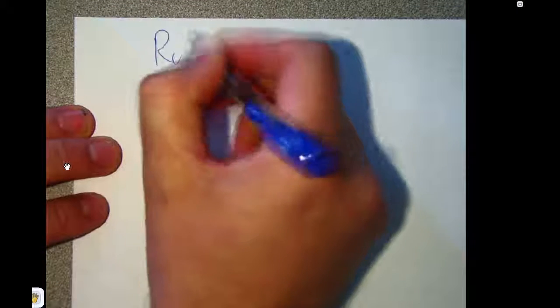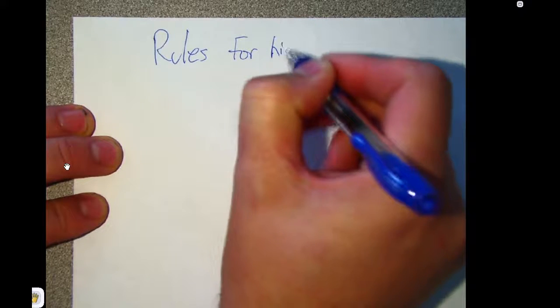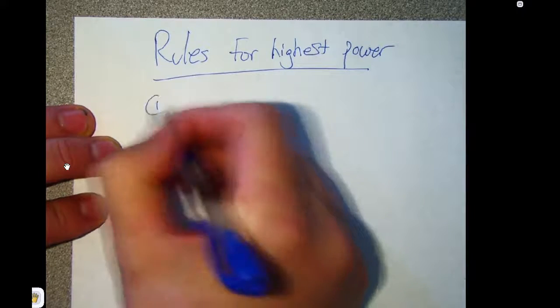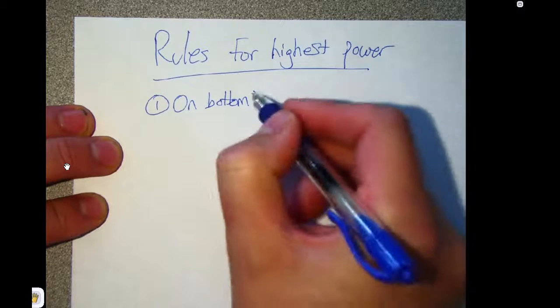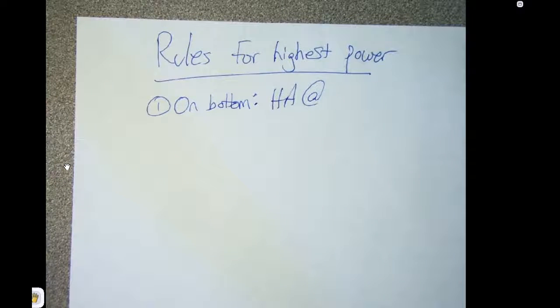So there's your 3 examples, that's your 3 different possible scenarios. So the rules for the highest power: if the highest power is on the bottom, where's your horizontal asymptote? 0 is not specific enough.